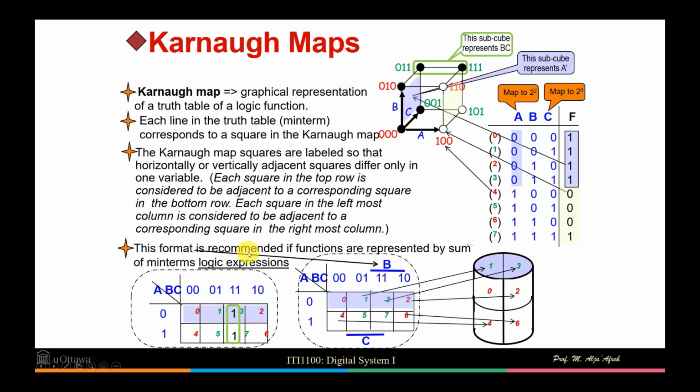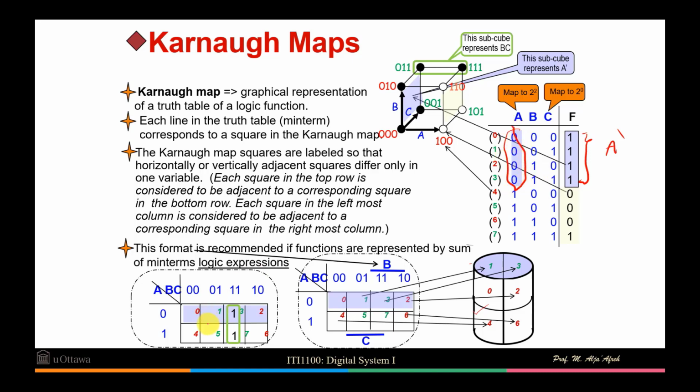Okay, so this format is recommended if the function is represented by the sum of minterms logical expression. If we look at this function f, we can see that these 4 can be represented by A prime just by looking at the truth table, because look at this: B and C are changing, so it's just A that's not changing.